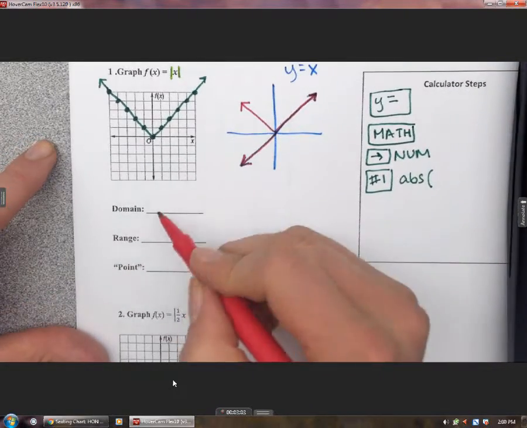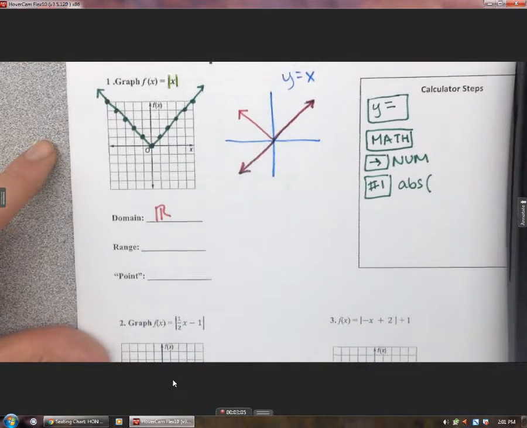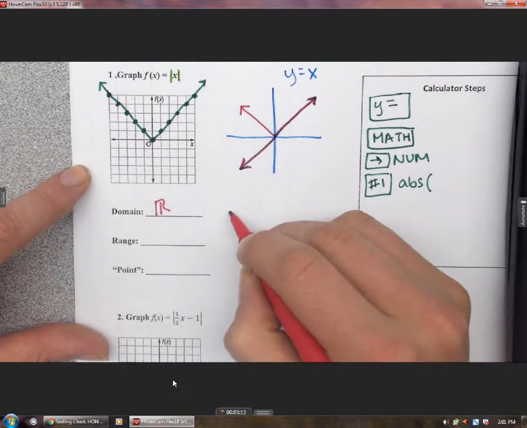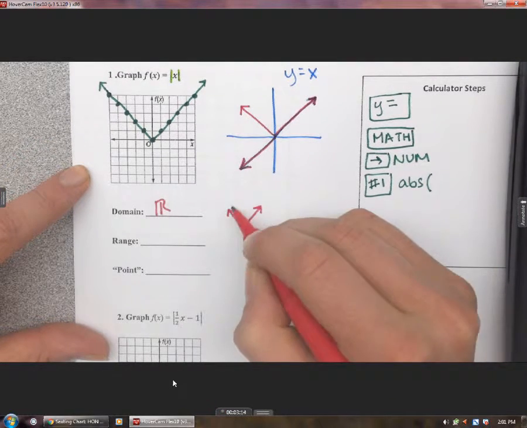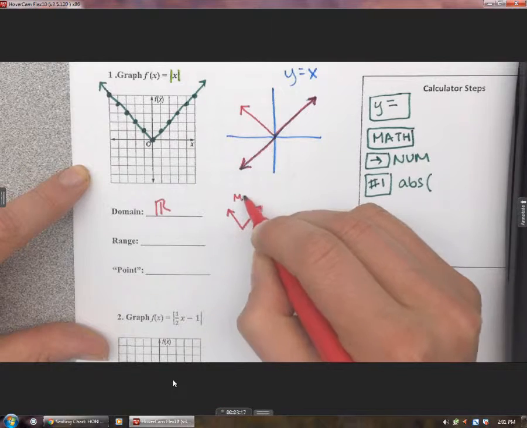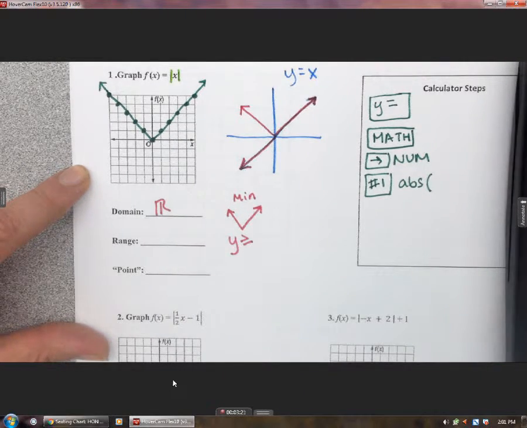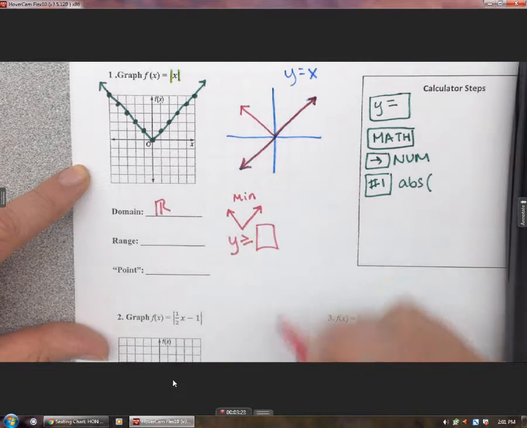The domain for these graphs is always all real numbers. And the range is like parabolas. When it's a minimum, it'll be y is greater than or equal to your number.